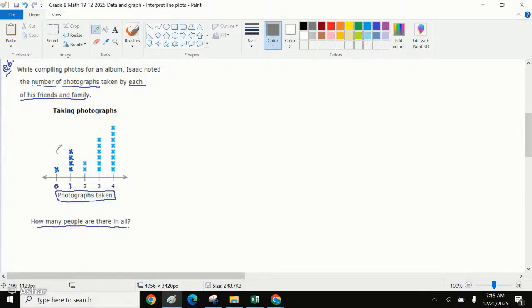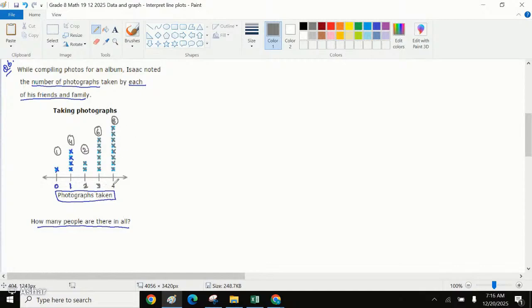This was 1, 1, 2, 3, 4. This was 4. This was 2, 1, 2, 3, 4, 5, and 6. And 1, 2, 3, 4, 5, 6, 7, and 8. That means one person did not take any pictures. 4 people took one picture. 2 people took 2 pictures. 6 people took 3 pictures.